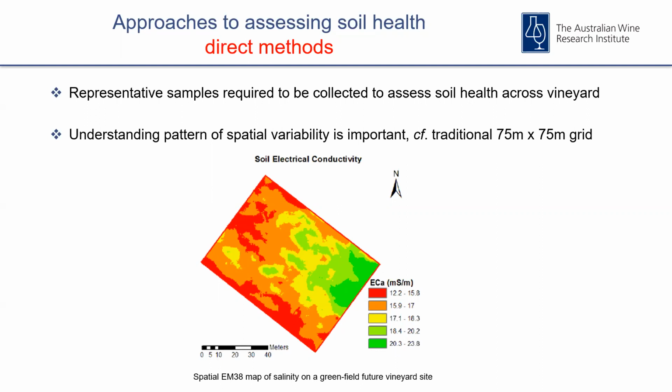I think, with the advent of precision viticulture tools and especially ground penetrating radar approaches, the ability to map that soil and the variability across it, and to be more strategic about how we place those soil samples and sample across that vineyard, is really important. I think that's a real advance in the technology. It's been around now for 10 or 15 years, of course, but we need to really embrace that in terms of how we select our sites for soil analysis.